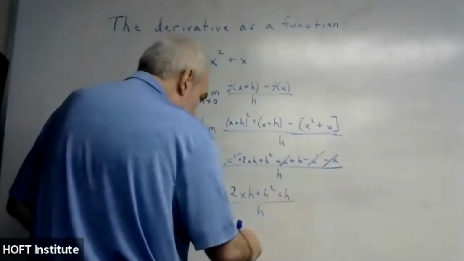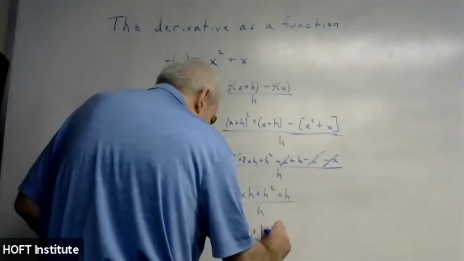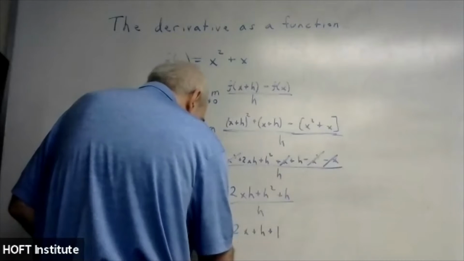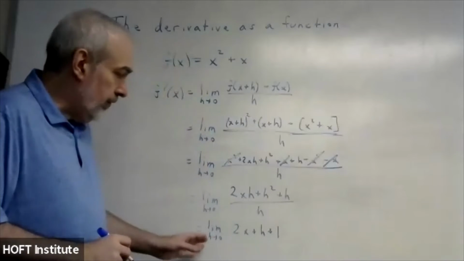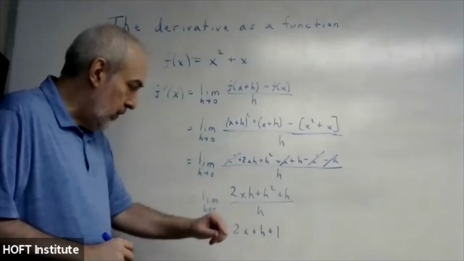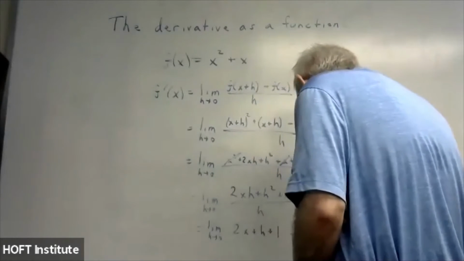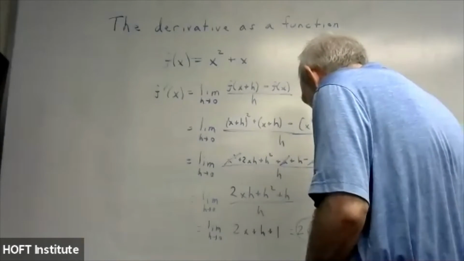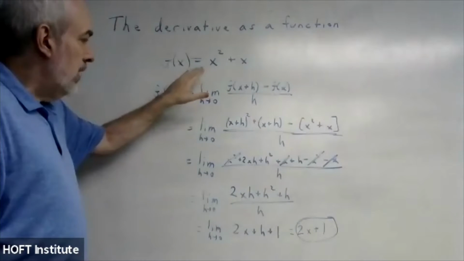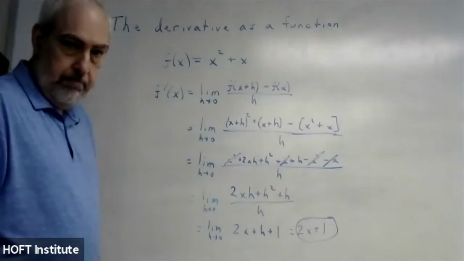So dividing by h on the top and bottom leaves us with 2x plus h plus 1. And then the limit is h approaches 0. Just plug in 0 for h and you get 2x plus 1. So the derivative of the expression x squared plus x is the equation 2x plus 1.